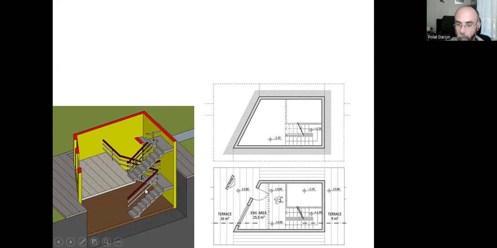Here, I will be cutting through that steps, one dash, one inclined thick line. I will be seeing the upper surface of this flight here. The landing, it's minus 1.26, the level of this landing.